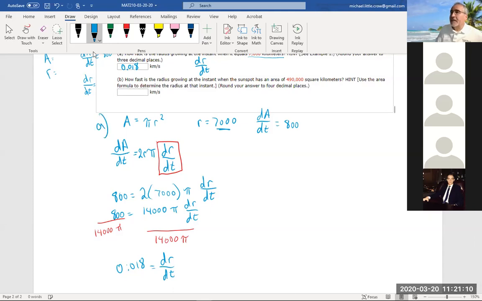The B question: how fast is the radius growing at the instant when the sunspot has an area of 490,000 square kilometers? In this one, we do need to, let me change to green here, since we have this space here.